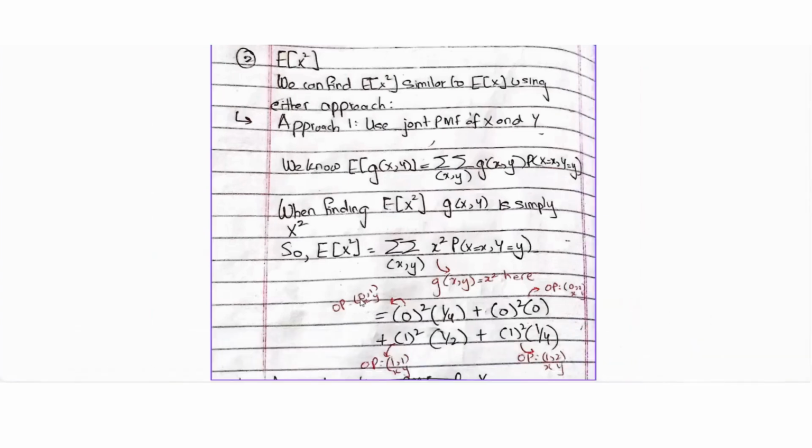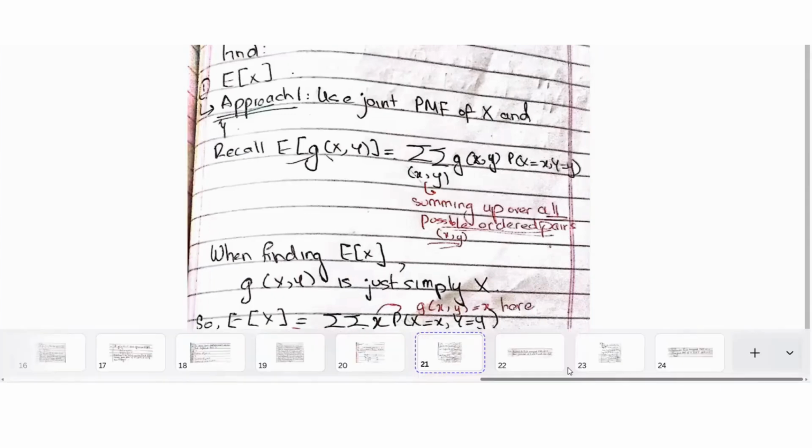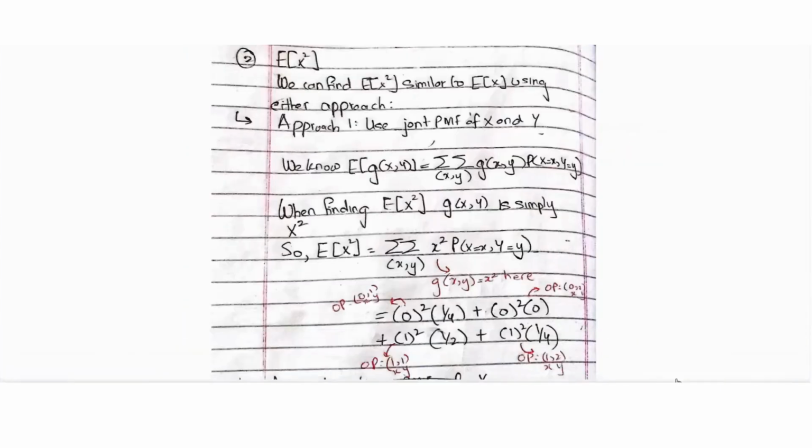Here we evaluate g(x,y) for this ordered pair, which is x squared. So it's 0 squared times 1 by 4. When we found the expected value of X, g(x,y) was x, so we took 0 here. Although 0 squared is the same as 0, I'm just highlighting that if it were a different number like 2, it would have mattered.